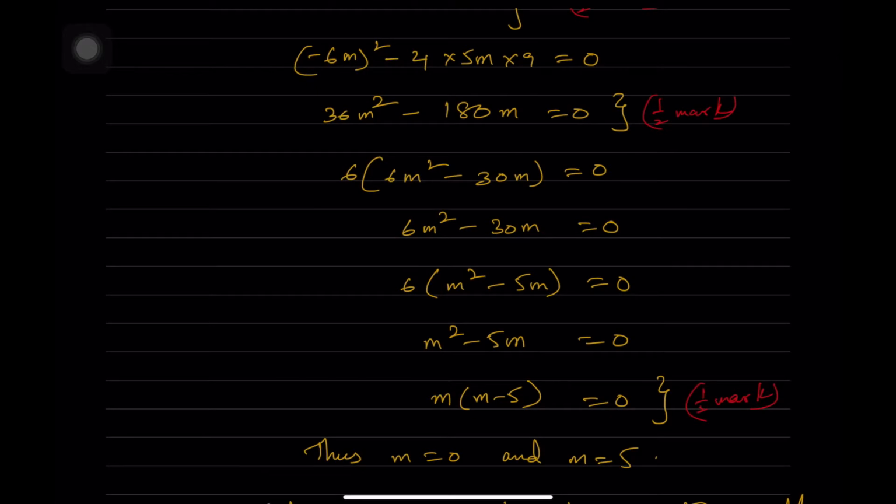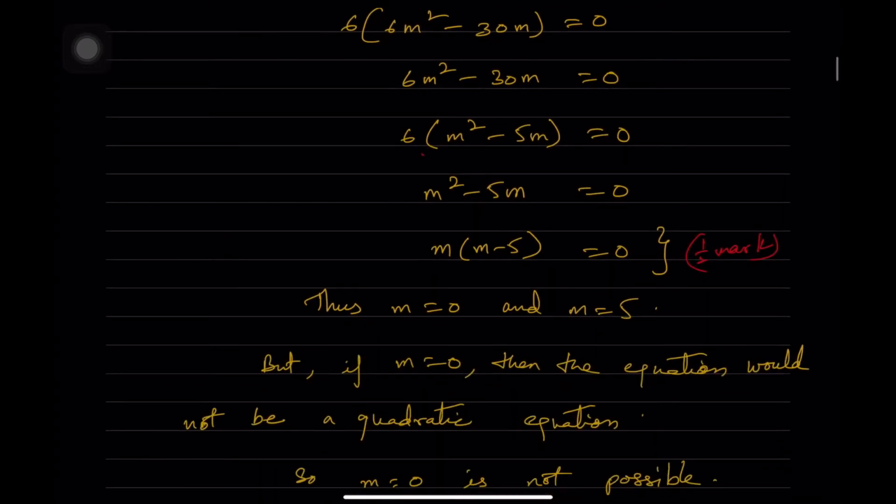Now divide by 6 on both sides, you get 6m square minus 30m is equal to 0. Again, if you take 6 common, you get m square minus 5m is equal to 0. So m into m minus 5 is equal to 0.